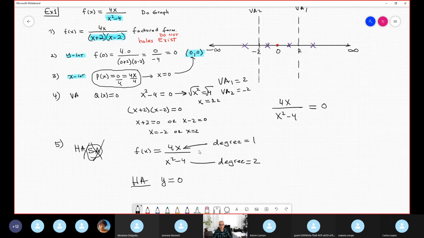The answer is 0. This point is a super famous point because it is the y-intercept, the x-intercept, and also the point in which the curve crosses the horizontal asymptote. By the way, the horizontal asymptote, let me use another color to emphasize, is exactly coincident with the x-axis.